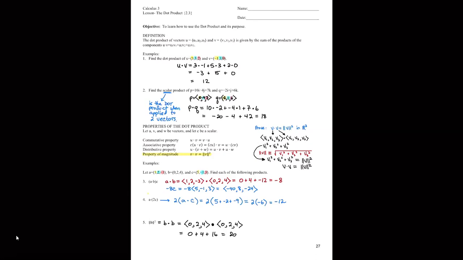All right, moving along. We're going to talk about evaluating a dot product. We'll get into its uses, and then we'll come back to the meaning of a dot product again. So evaluating a dot product of two vectors is the product of the magnitude of each vector and the cosine of the angle between them.